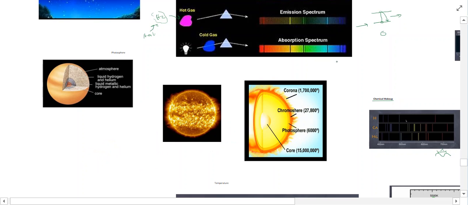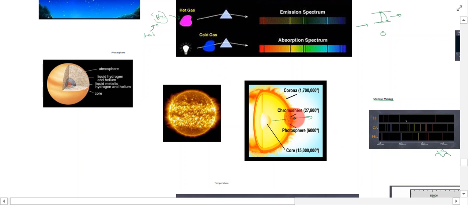So imagine you have this white light coming from here, and it's passing through this, let's say, photosphere here, and that's just like the setup that we have here. So imagine this is the core of the sun. You have the light coming through, and it's passing through what's known as the photosphere. It's like a gas atmosphere that's around the sun. It's very close to the sun, but it's around the sun.